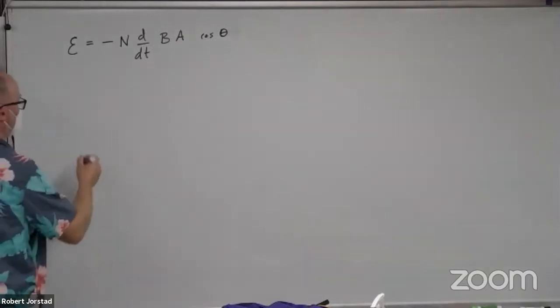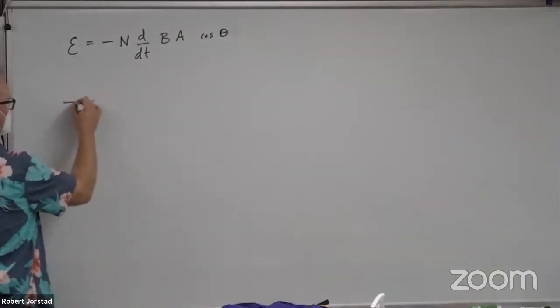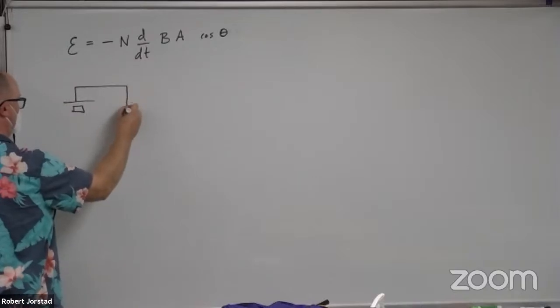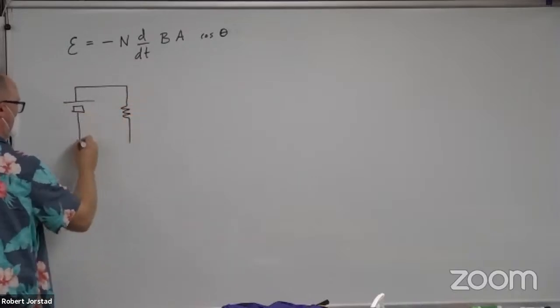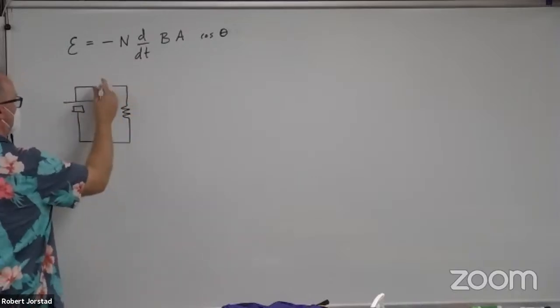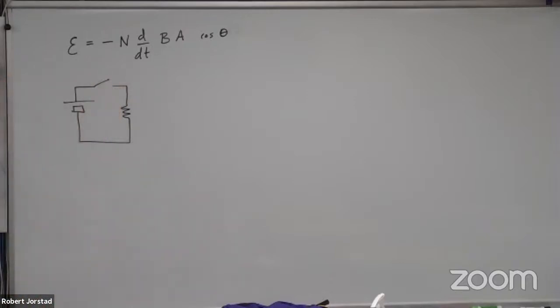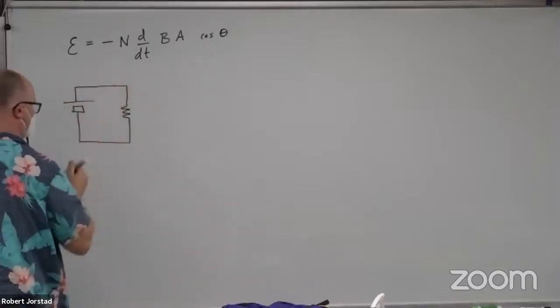I'm going to make a one loop circuit. I'm going to have a switch here. My claim is that when I close this circuit, will current flow? Yes. If you close the circuit, which direction should current flow?